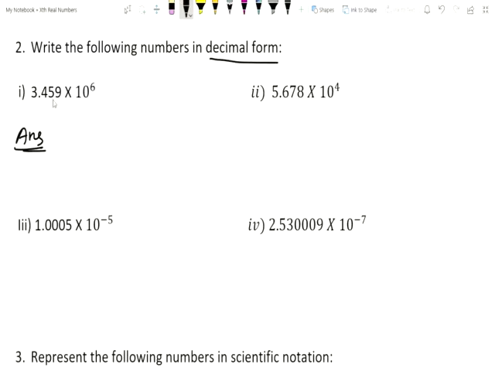First you write all the numbers except the decimal: 3, 4, 5, 9. Here the power 6 is there. After the decimal already 3 digits are there, so the remaining 3 digits you have to put 0.